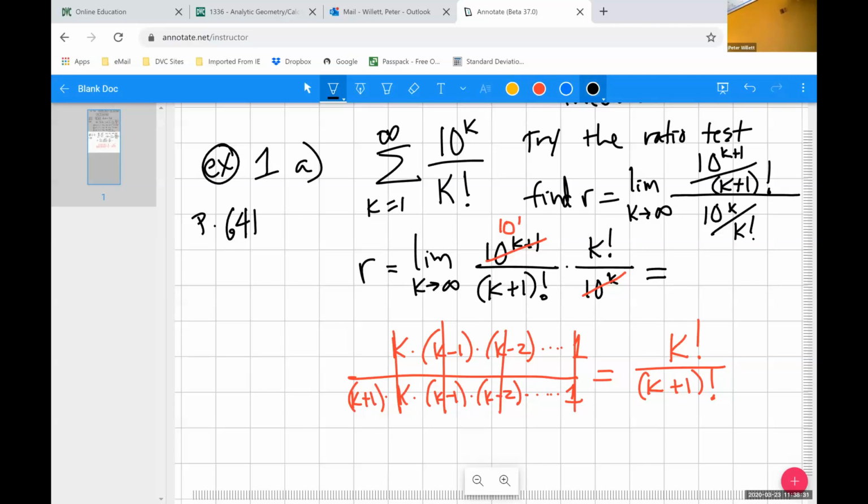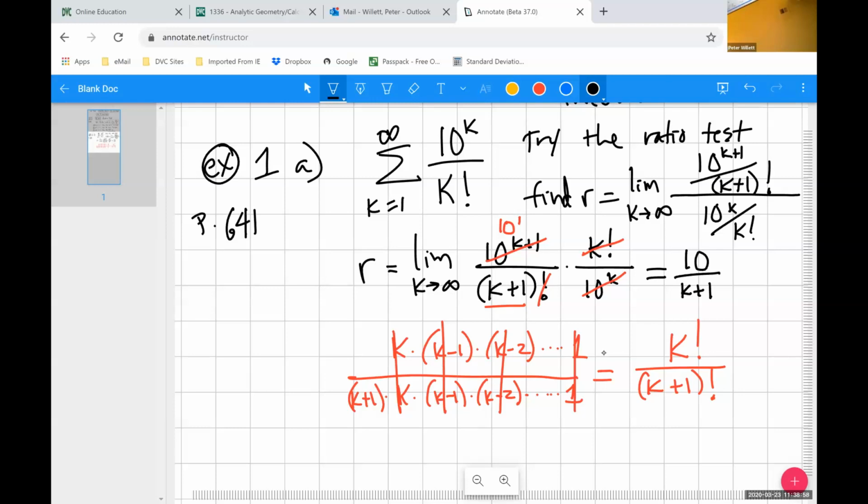So that means if I reduce this, basically the k factorial cancels out the factorial part of k plus 1 and just leaves the k plus 1. So this would give me a 10 in the top and a k plus 1 in the bottom.